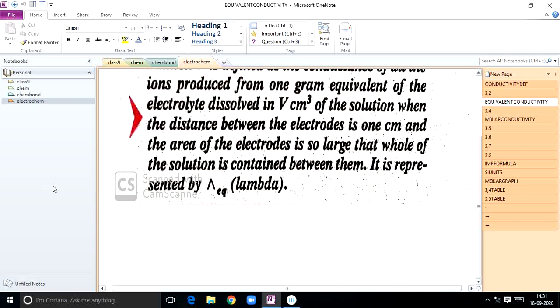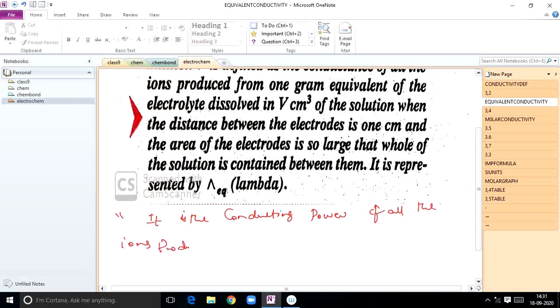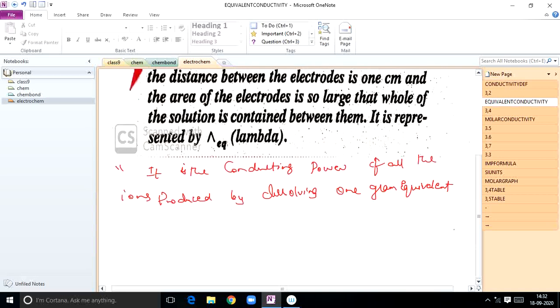Now, in a simple manner, how can I define it? It is the conducting power of all the ions produced by dissolving 1 gram equivalent of an electrolyte in solution.